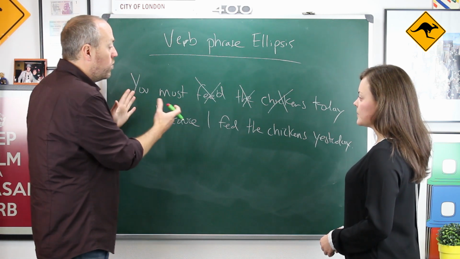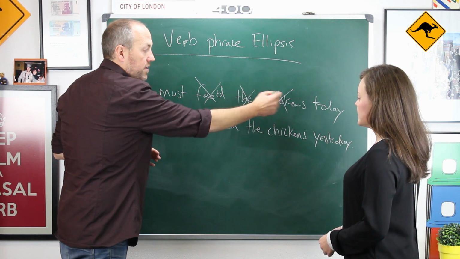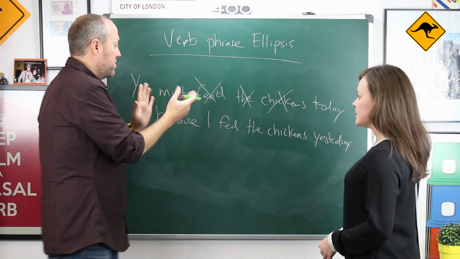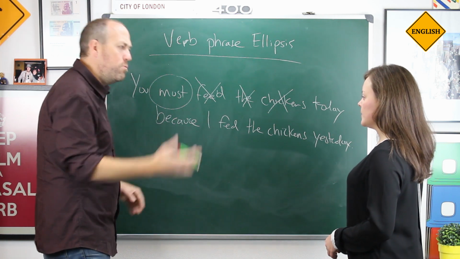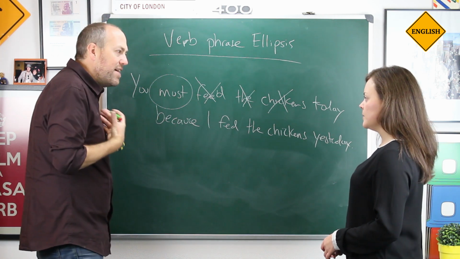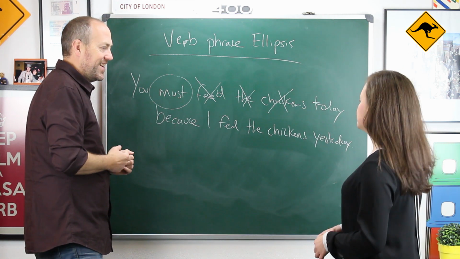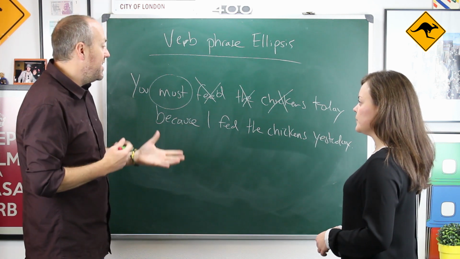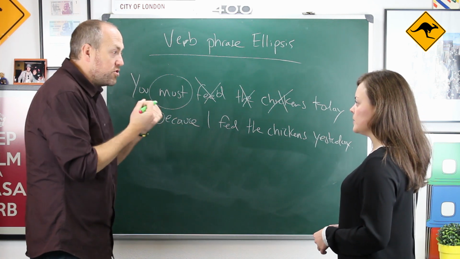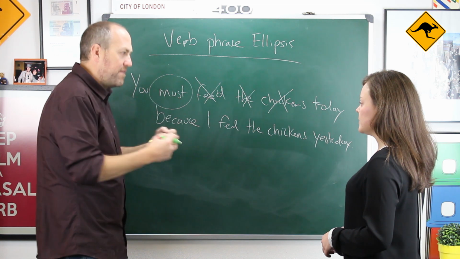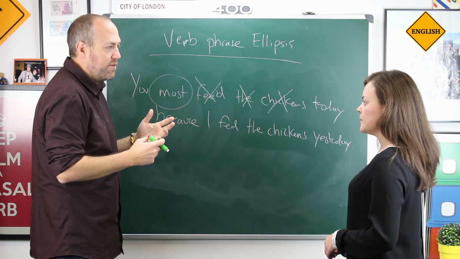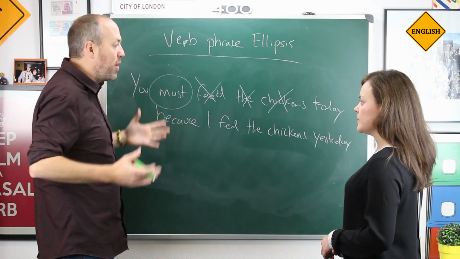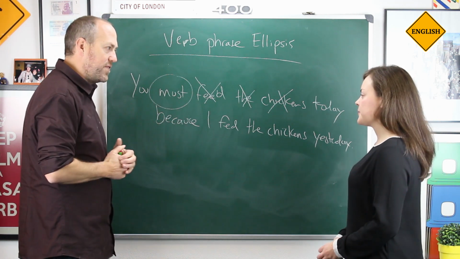But when we eliminate the words from the first part of the sentence, we shift the emphasis here. Veronica, you must today, because I fed the chickens yesterday. So you can use it as a tool for emphasis. It's not a special technique for literature or for poetry. It's really useful.